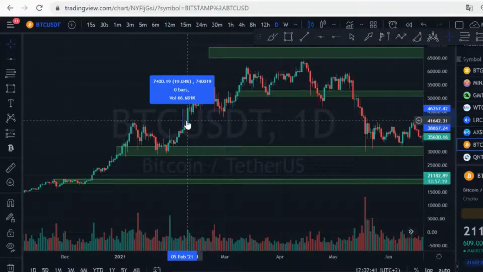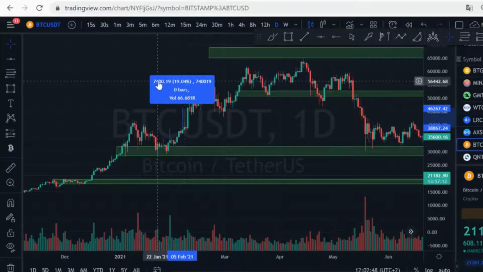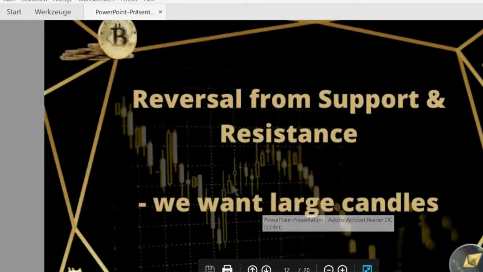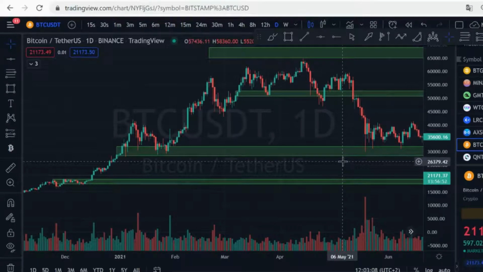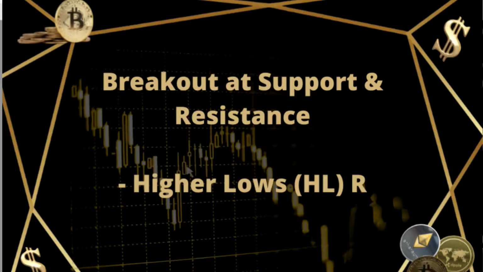I think that was the Elon Musk Tesla pump. So 19%, $7,400 in one day. Awesome, right? So that is something we want to look at. Yeah, well, I talked about it, that with these small, low, little candles, here it is more volume, more volatility.